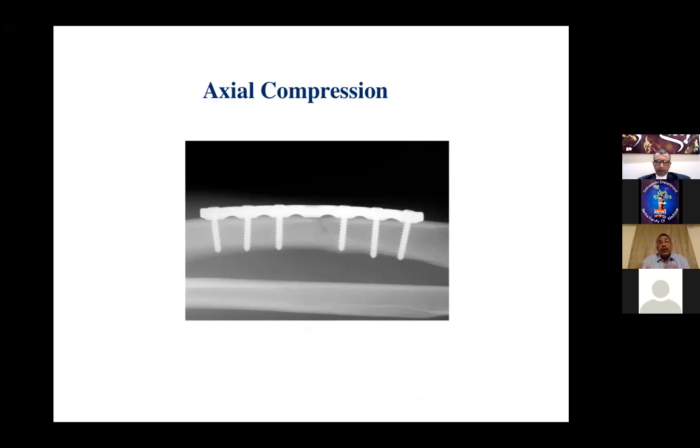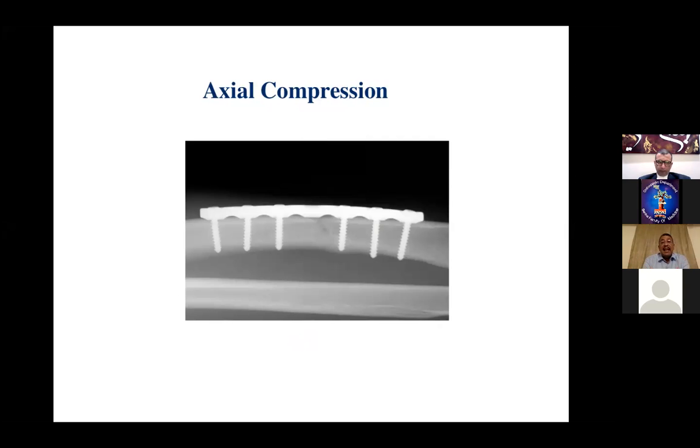So if you need to compress the fracture in situations where you need more compression, like doing osteotomies, like cases of non-union, like cases of subtrochanteric fracture, don't hesitate to use the articulated tension device.